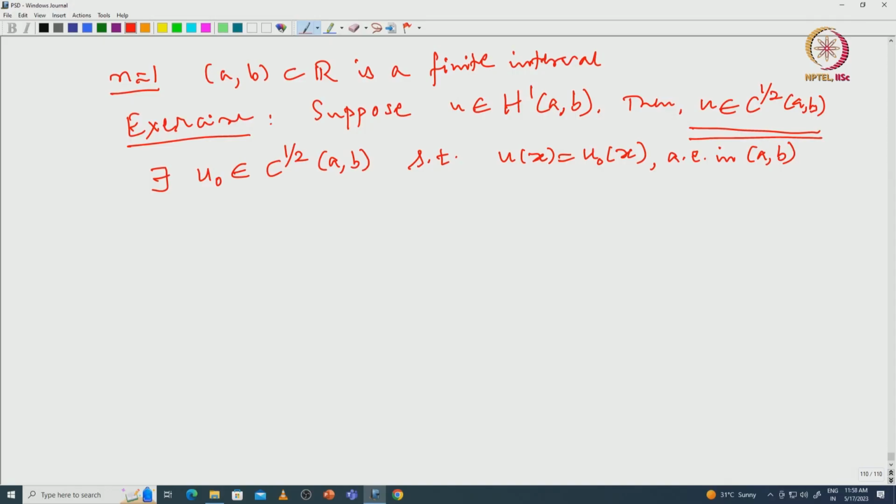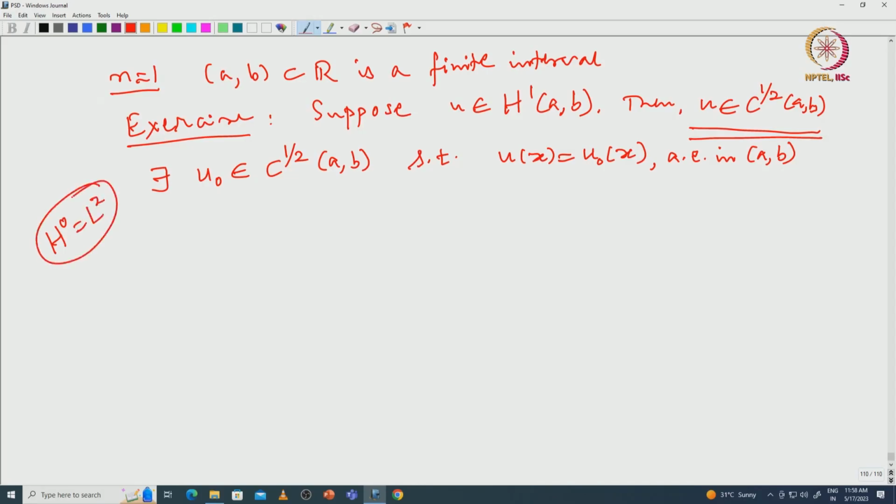Here, for example, this n equal to 1 and this 1, they are related. When we finally write the theorem, you will understand that. If I put 0 there, H0 is nothing but just L2, no derivatives at all.